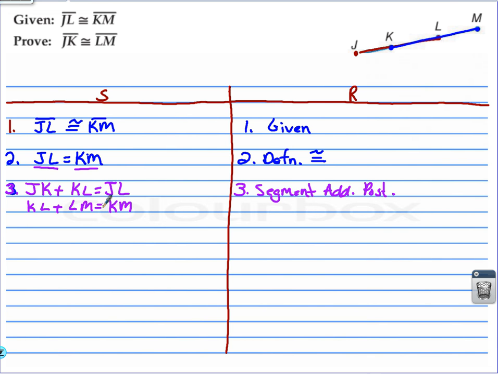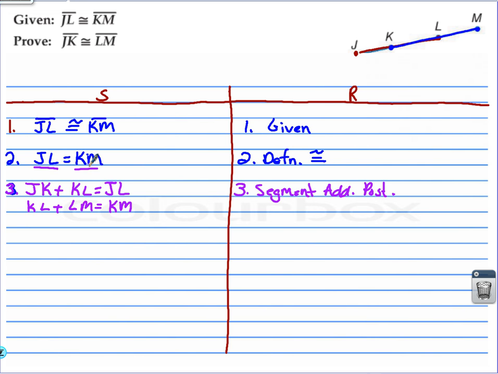So let's see if you can tell where we're going with this. So now this JL and KM, we've kind of broken into little smaller pieces. And do y'all see that KL there? And we've said that KL is the common piece, that if we can somehow take it out of both of them, we can see that those other two smaller pieces will be the same. So we've got JL and KM being the same. Well, JL is equal to this. So we're going to take this and plug it in there. We're going to break that JL into these two pieces. We're going to take KM, which is equal to this, and plug that into there.